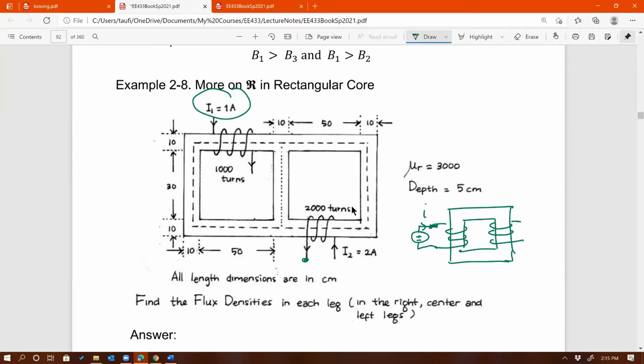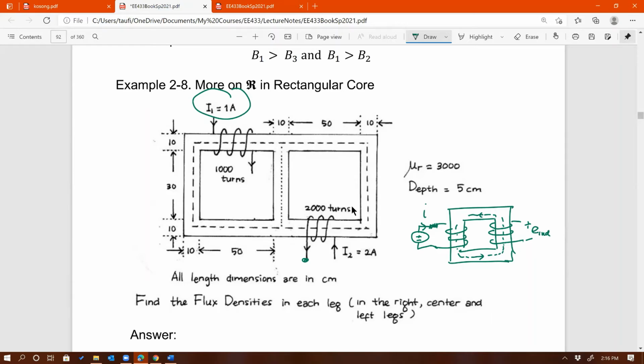Then flux is going to be produced in the core, and it passes through the second coil as changing flux with respect to time. So that gives us induced voltage on the secondary side.